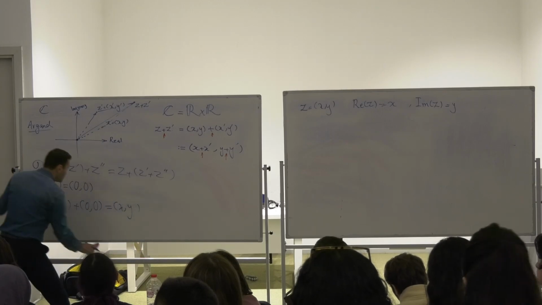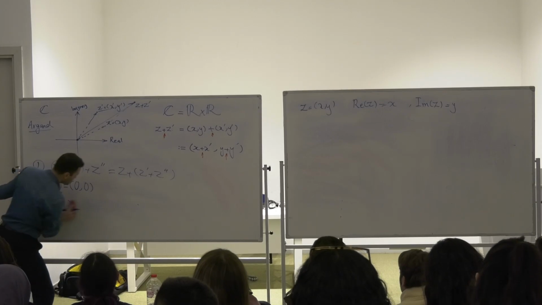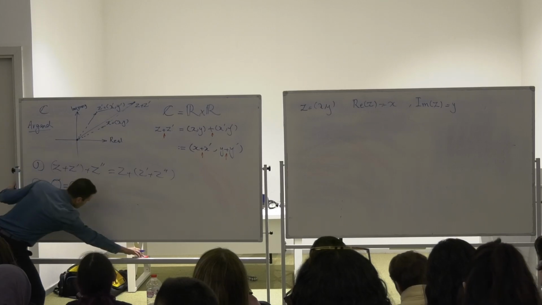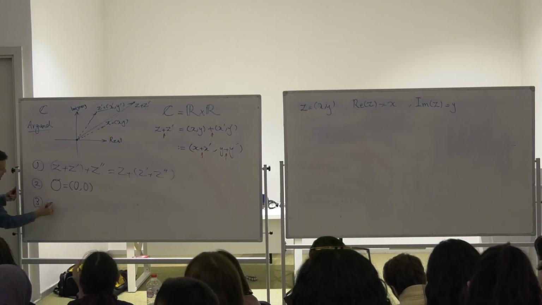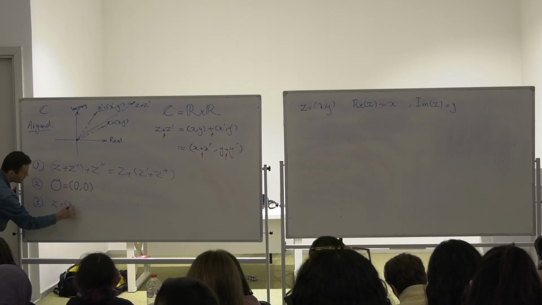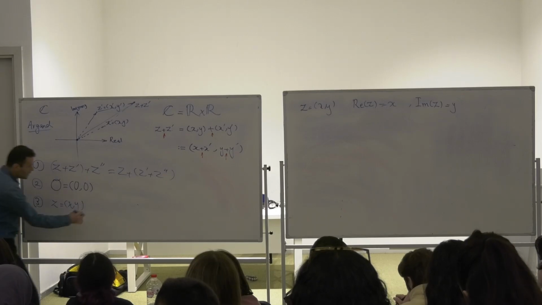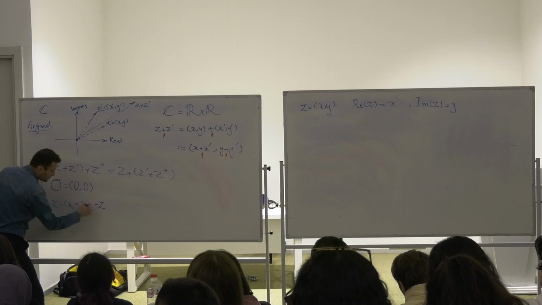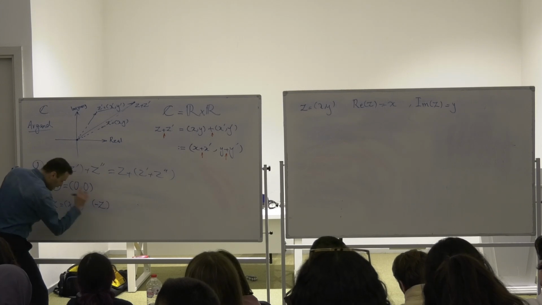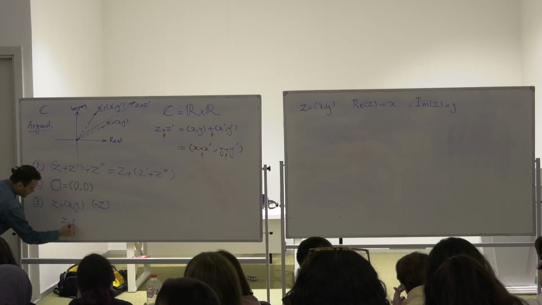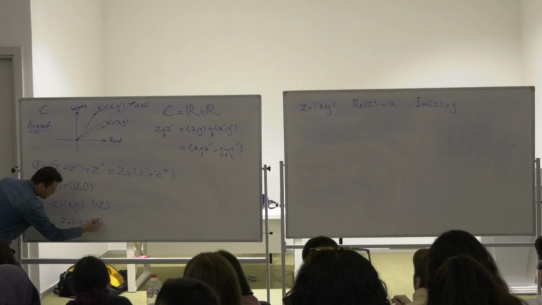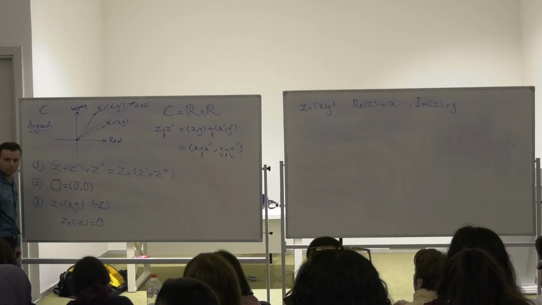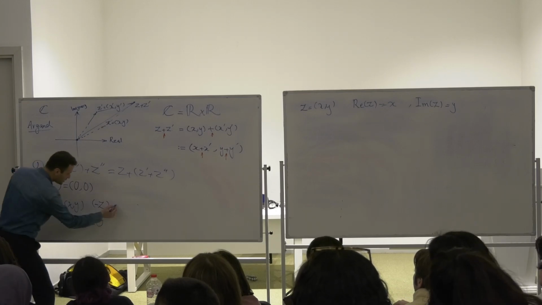What about the additive inverse of any complex number? If I have this complex number (x, y), is there something called minus z such that if I add these together, I get 0? Yes, exactly: minus x and minus y.